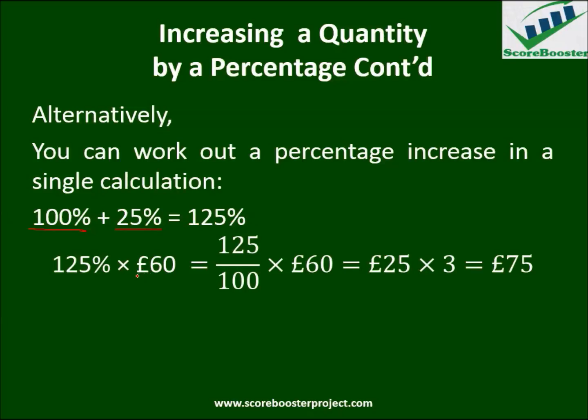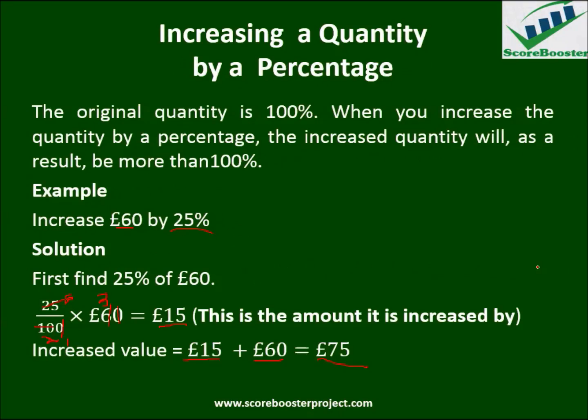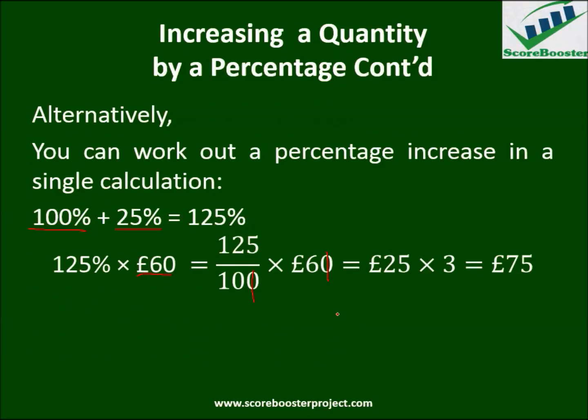The quantity given is 60 pounds. So we simply evaluate 125% of 60 pounds, and when you do that, the zeros will cancel out, and when you simplify, you arrive at 25 pounds times 3, which is 75 pounds. As you can see, using this alternative method, the problem has been solved in fewer calculation steps.